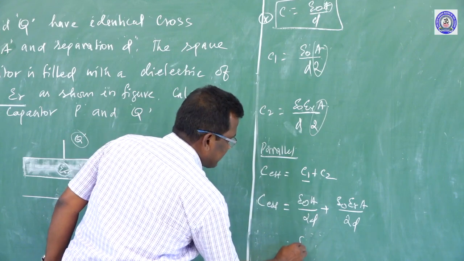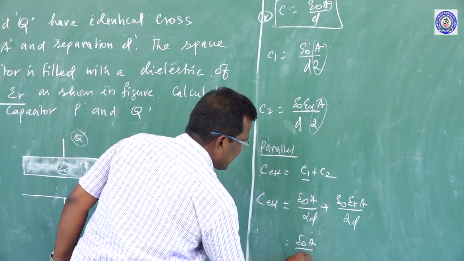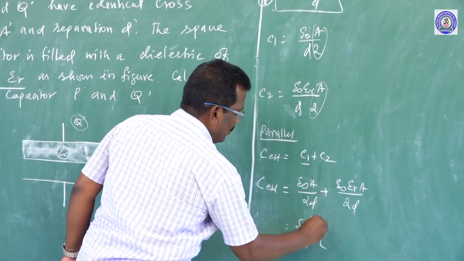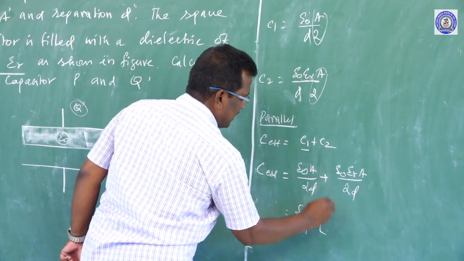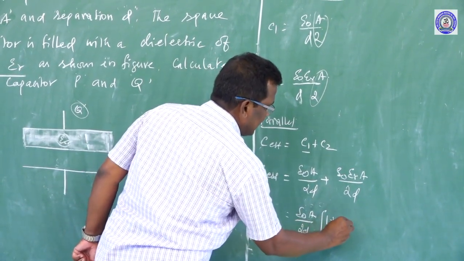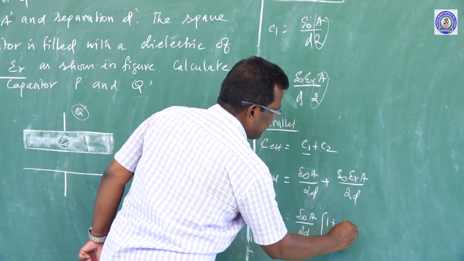Here epsilon naught A by 2D is common. Taking it out, we get 1 plus epsilon r.